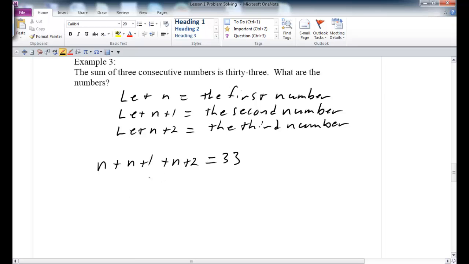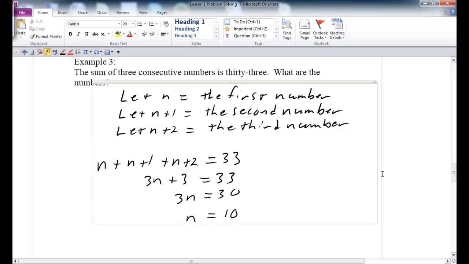Let's collect things up. You can see if we collect up like terms, we get 3n plus 3 equals 33. Subtract 3 from both sides in order to isolate that n. 3n equals 30. And then divide by 3. n equals 10. We've got our solution. Let's check to make sure, and then we can write our sentence answer.